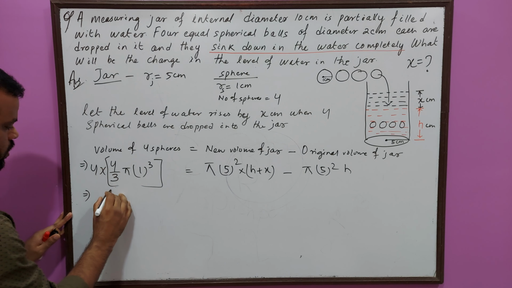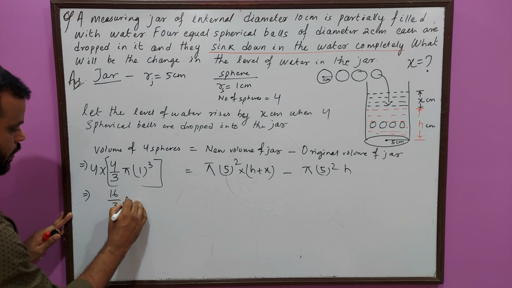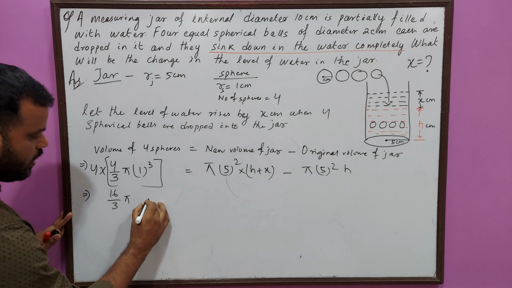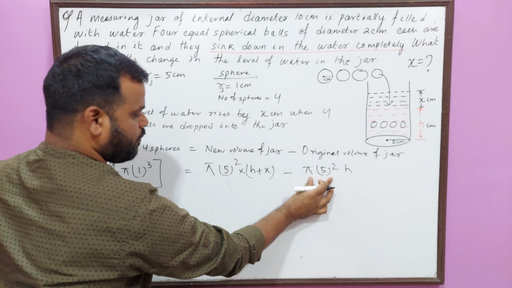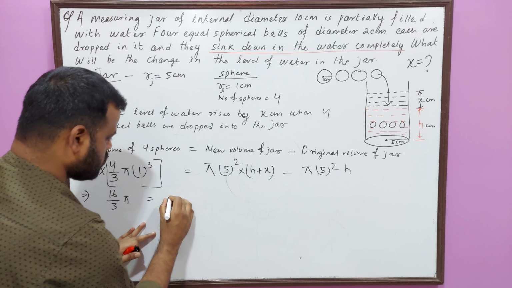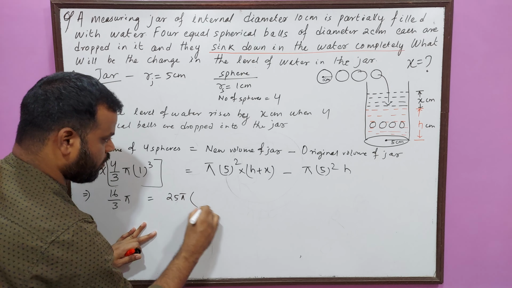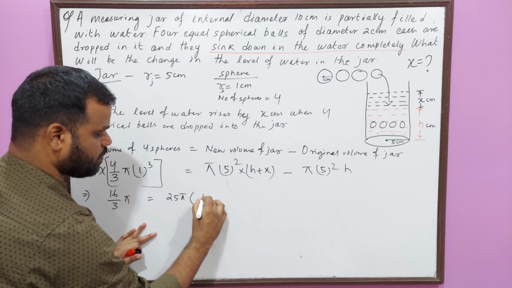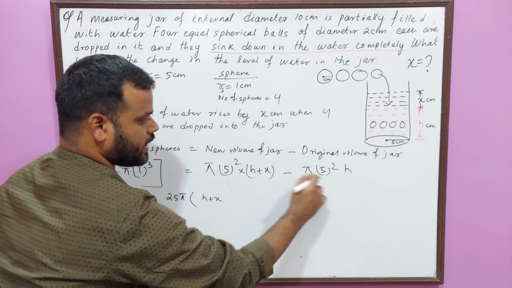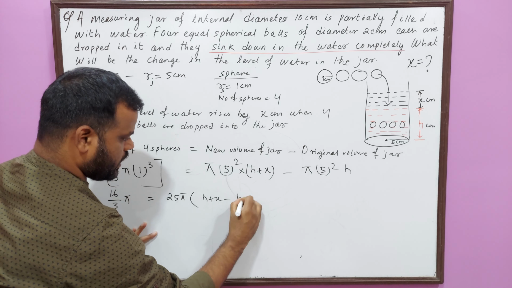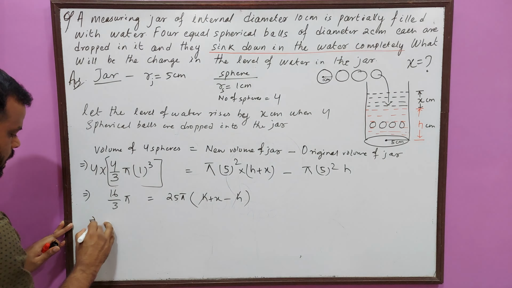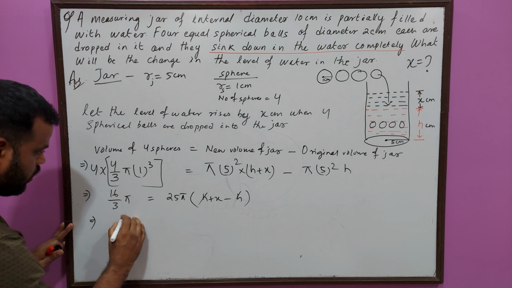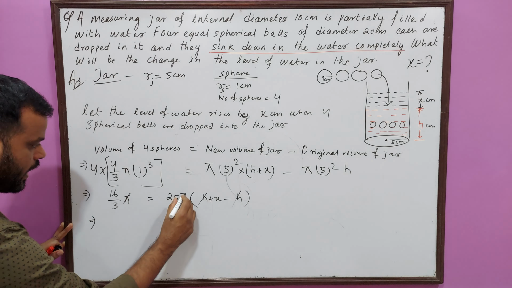Now look. 4 into 4, 16 by 3 pi, 1 cube is 1, which is equal to 25 pi common. 25 pi is common. What is left? h plus x minus h. So h and h cancel out, and pi and pi cancel out.